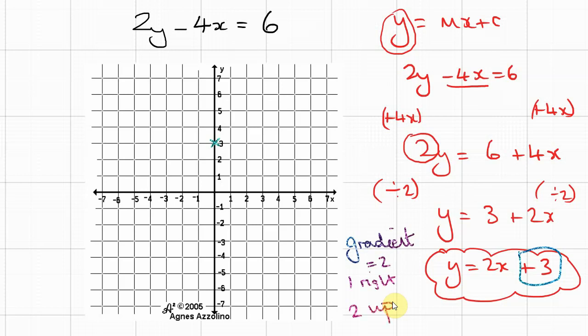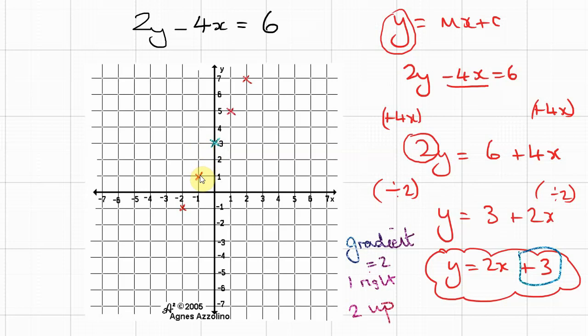So 1 to the right, 2 up. It's going to be here at 2, 1, 5. 1 to the right, 2 up. And if I start going in reverse from here, if I go 1 to the left, I'd be going 2 down, opposite of going 2 up.